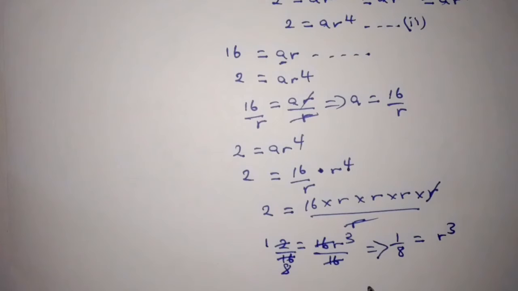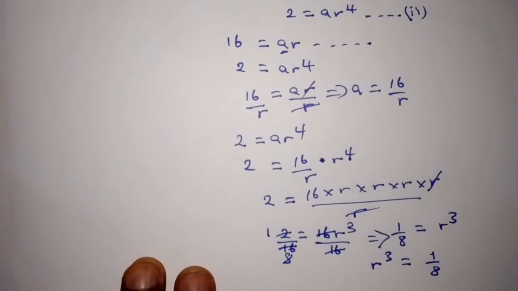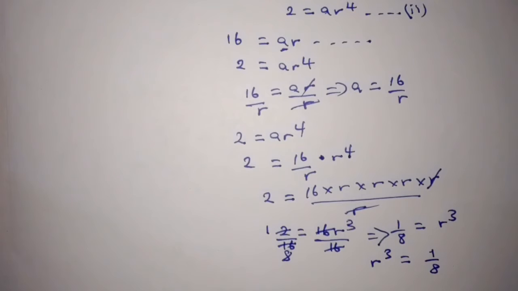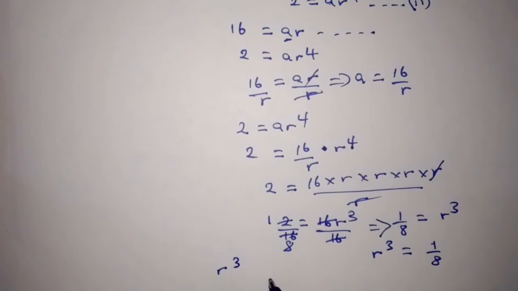We can say that r power 3 is equal to 1 over 8, and r power 3 is equal to 1 over 2 power 3.